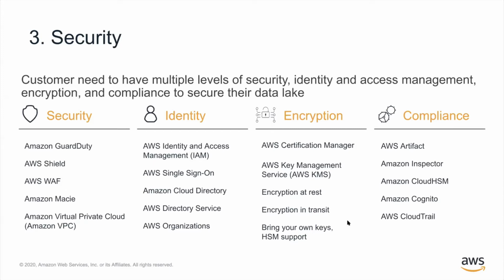In addition to our own services for security, identification, authentication, and encryption, AWS also supports a very broad set of compliance programs and security standards which can help customers satisfy compliance requirements for virtually every regulatory agency.